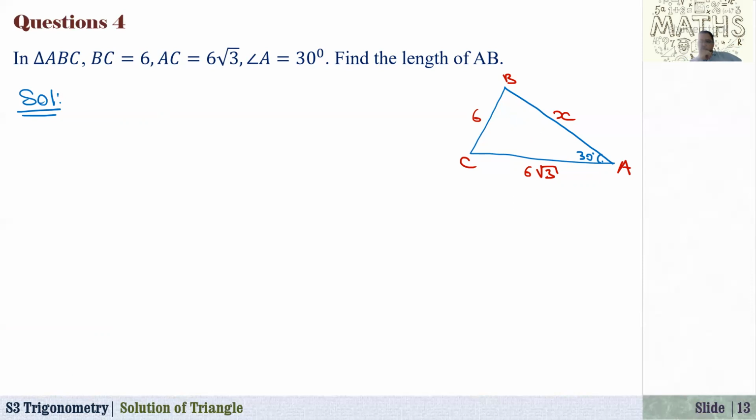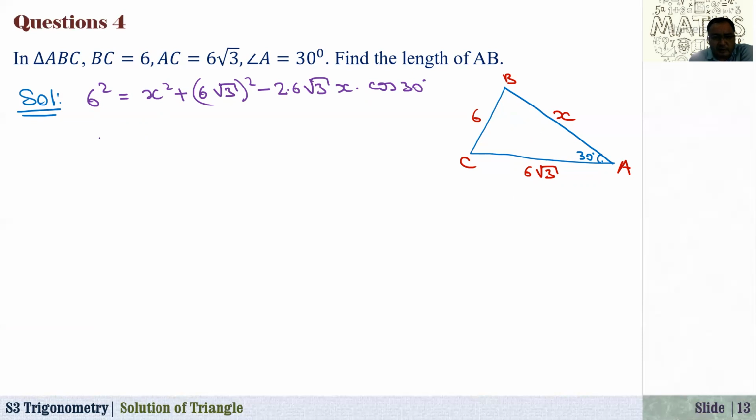What do you do here? You can just use the cosine theorem, right? 6 squared is equal to X squared plus 6 times square root of 3 squared minus 2 times 6 times square root of 3 times X times cosine of 30.